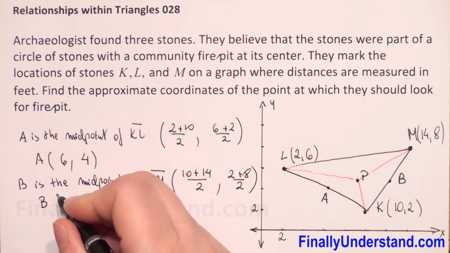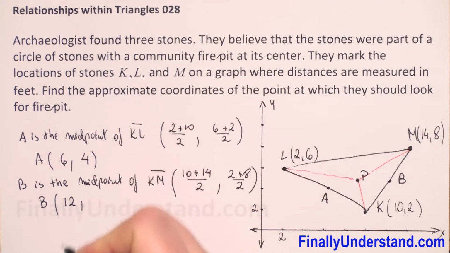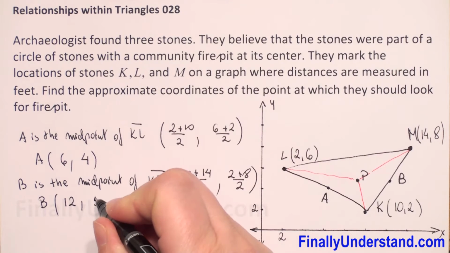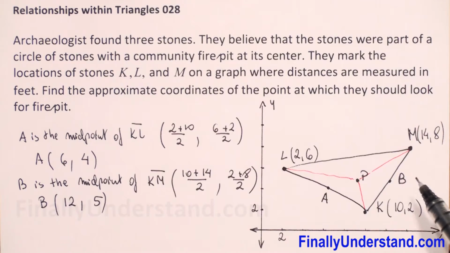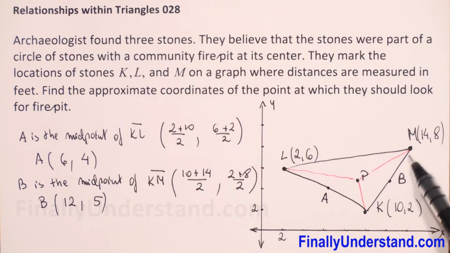So point B has coordinates: 24 divided by 2 is 12, and 2 plus 8 is 10 divided by 2 is 5. So we have the midpoints of sides KL and KM. Next, we have to find the perpendicular bisector of these two sides.